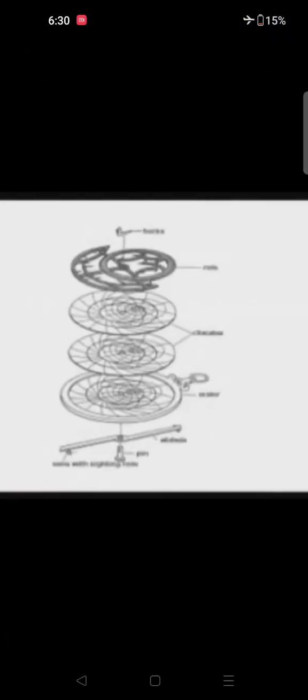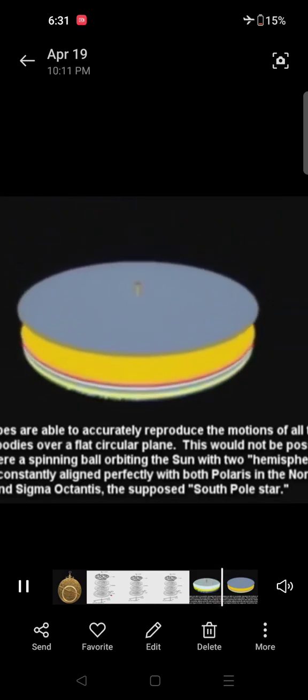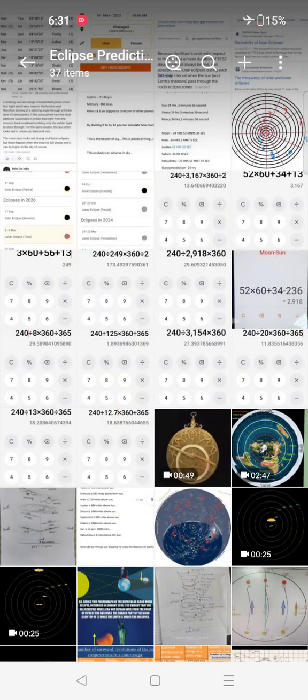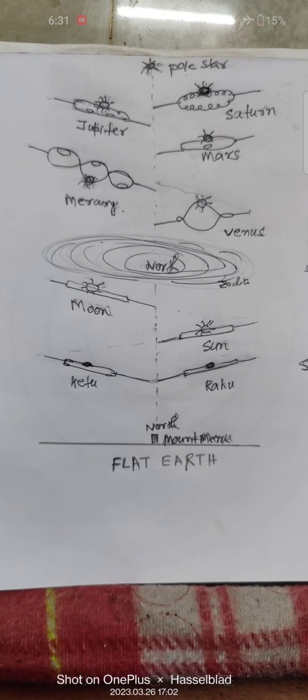This astrolabe is made like this, one by one. How does the astrolabe work? It works beautifully, because as per the Vedic model, the orbits of the planets are placed on additional parallel planes. Because the planets are placed in parallel planes, that is why this astrolabe works. This is our structure, how Rahu, Ketu, Sun, Moon, and planet zodiac rotate over each other.